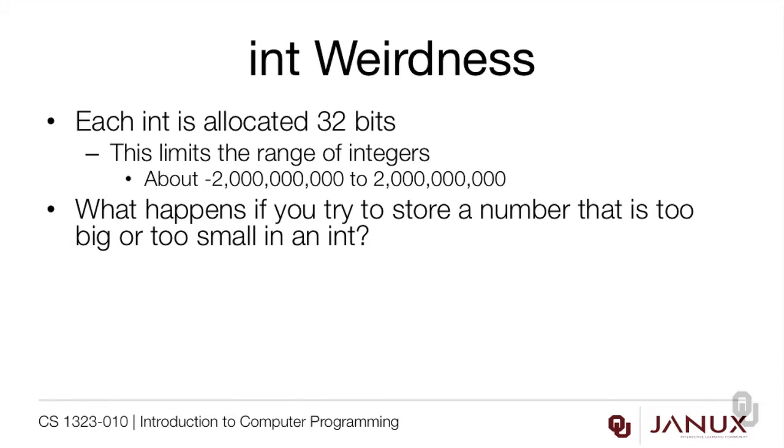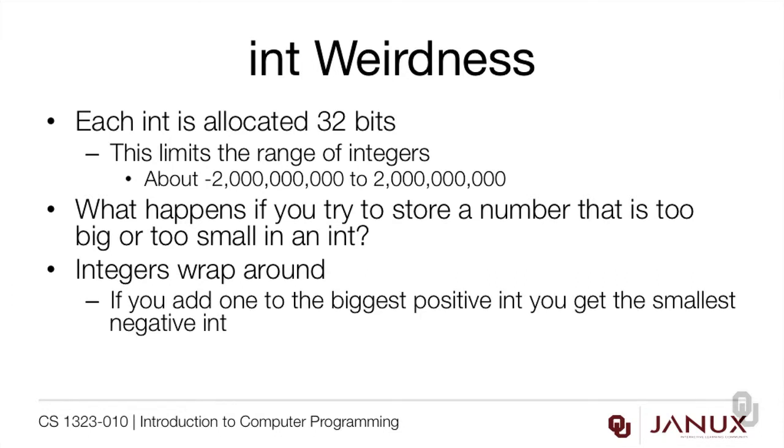So what happens if we try to store a number that's too big or too small in an int? Well, integers do something called wraparound. That is, if you add 1 to the biggest positive int, you get the smallest negative int. It actually changes signs. Now, this is a huge problem. When this happens, it's usually pretty disastrous for the program, and it's made worse by the fact that Java doesn't flag it.